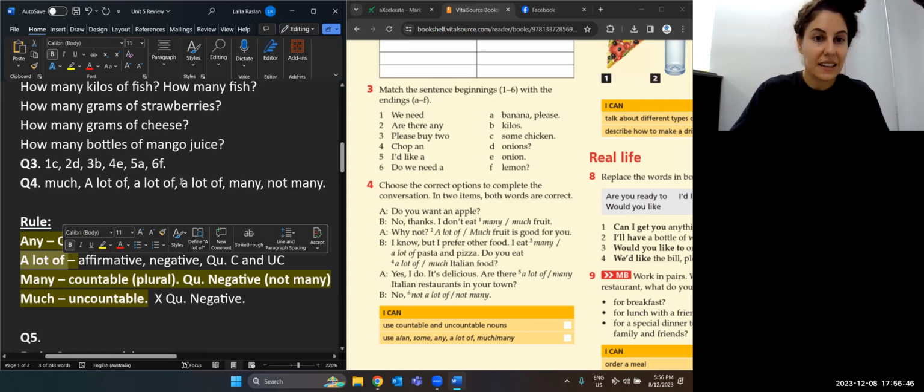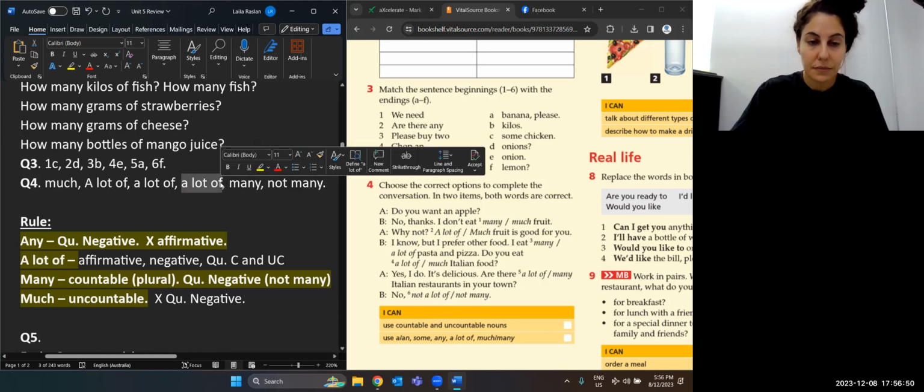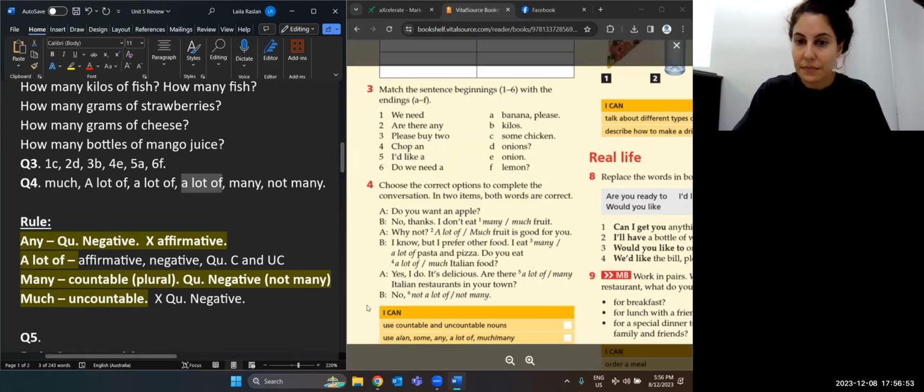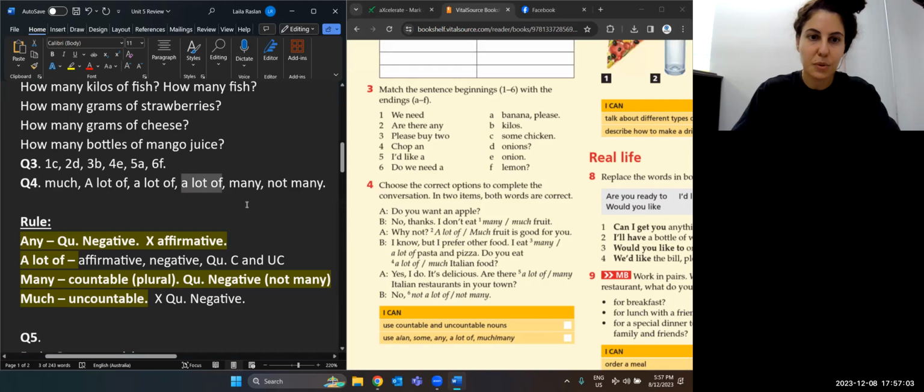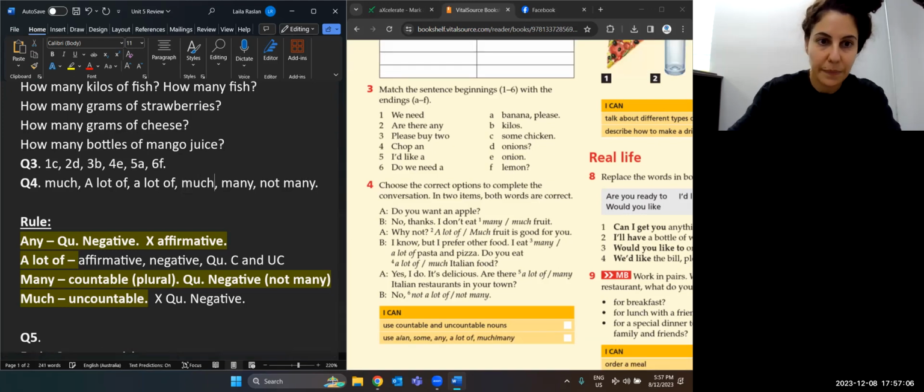Do you eat a lot of Italian food? Do you eat much Italian food? It could work both. Maybe because food again is uncountable, we could go with much.